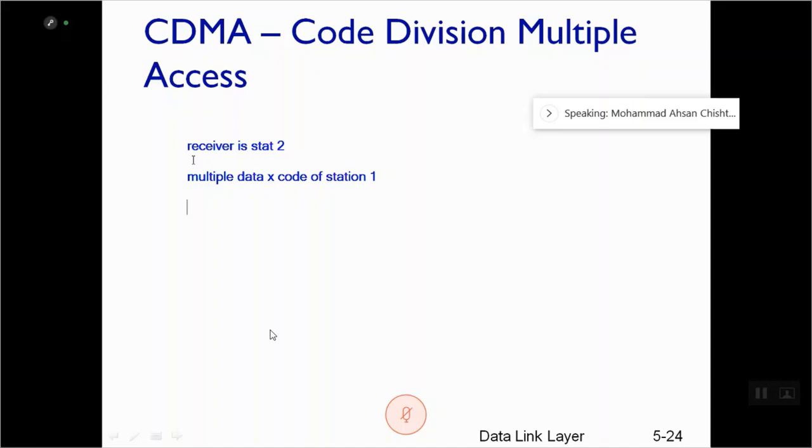So what will we get here? C1 into C1 as 4. But C2 C1, C3 C1, C4 C1, they are all zeros.